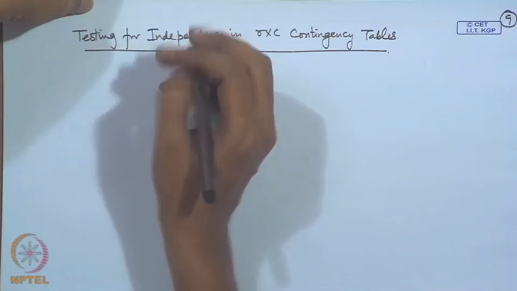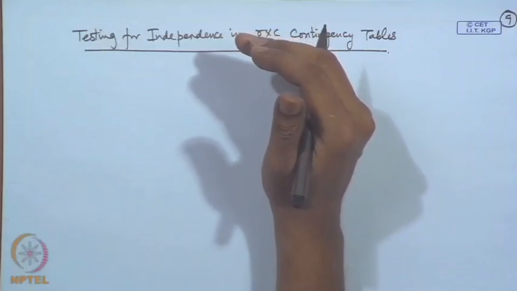So, contingency tables are used when the data is categorical, and so for example, you may like to test whether the selection of students in a particular entrance examination is dependent upon the financial status of their parents, or is it dependent upon the educational status of their parents, or is it dependent upon the level of the schools where they are studying, the school board, and so on.